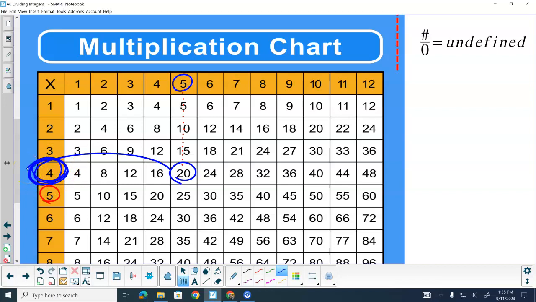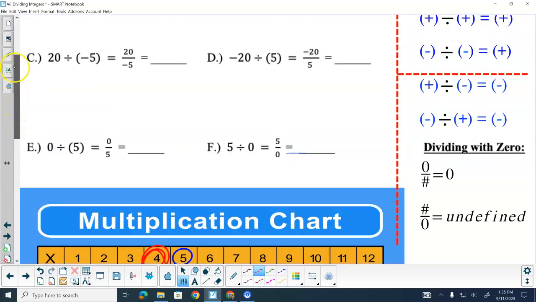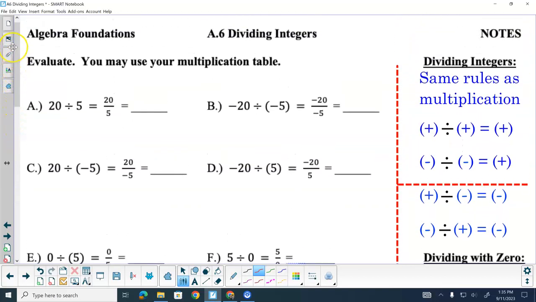Or I can start on the right, go over until I find 20, and then look up and see which one I'm in. That's how we use our multiplication chart to divide.